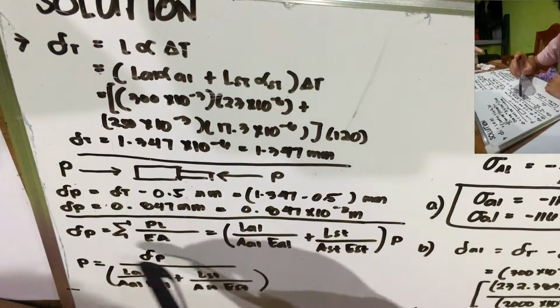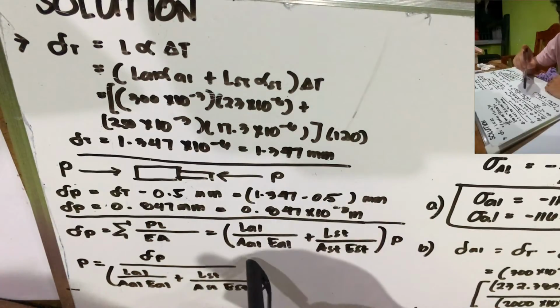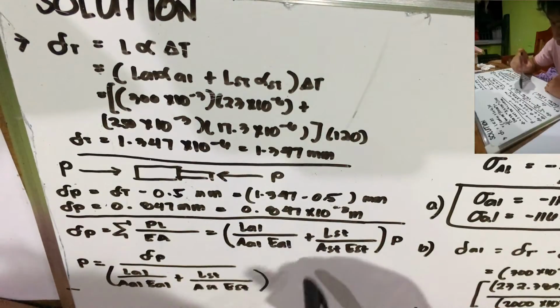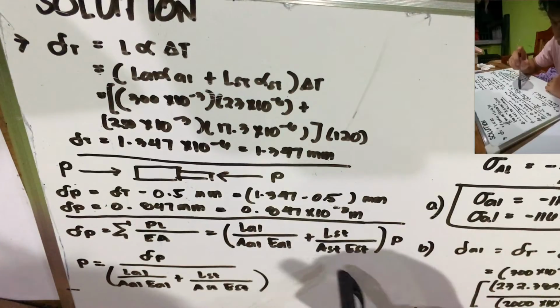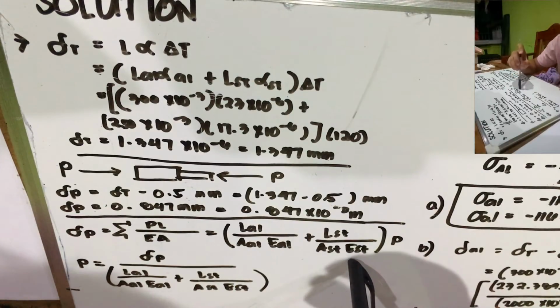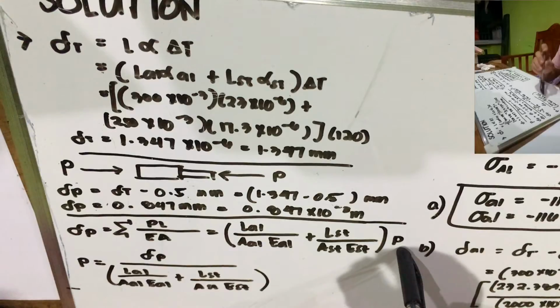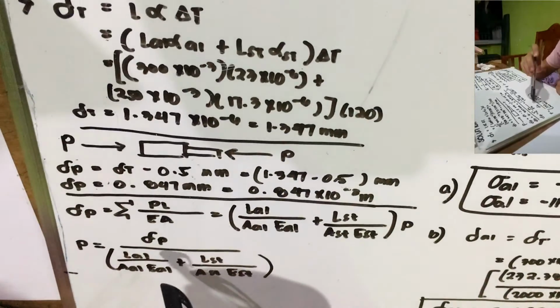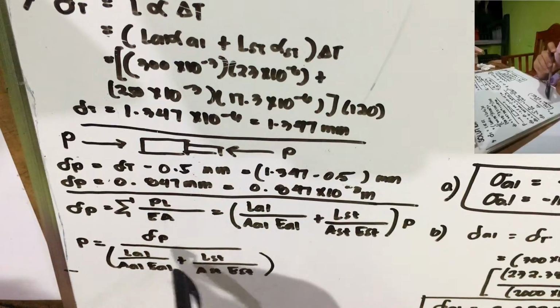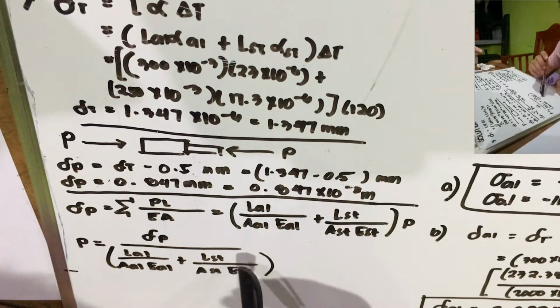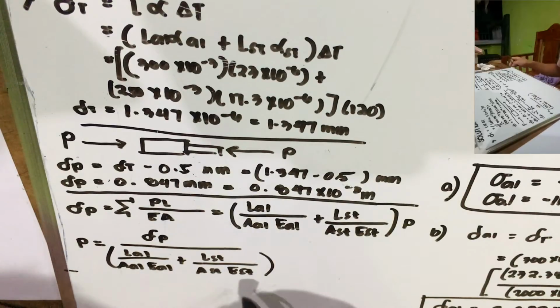So substituting with the rods, the length of aluminum over the cross-sectional area of aluminum times the modulus of elasticity of the aluminum, plus the length of steel over the cross-sectional area of steel times the modulus of elasticity of steel. Then we equate the equation to the force, which is P is equal to the change in length due to force over the length of aluminum over the cross-sectional area of aluminum and the modulus of elasticity of aluminum, plus the length of steel over the cross-sectional area of steel times the modulus of elasticity of steel.